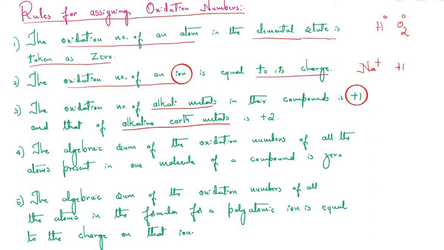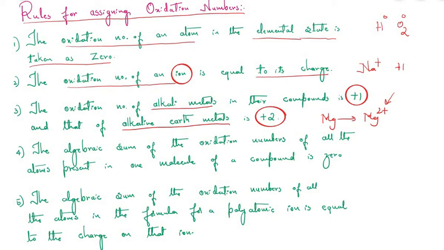After losing 2 electrons, the charge carried by them is +2. So I am writing a typical example here, Mg forming Mg2+. The apparent charge present is 2+. Therefore the oxidation state of alkaline earth metals is +2.